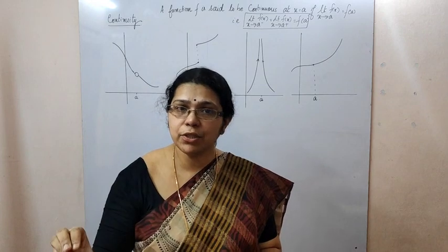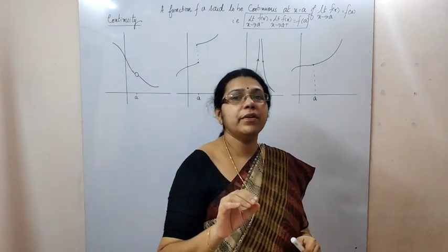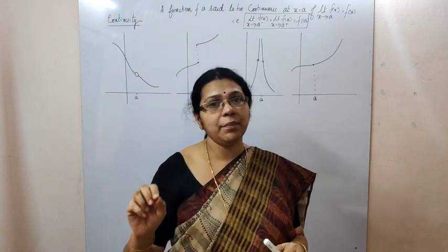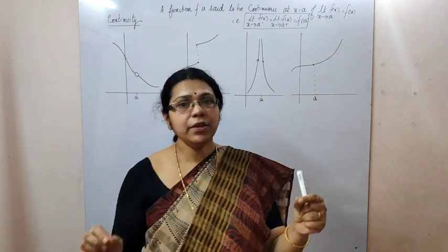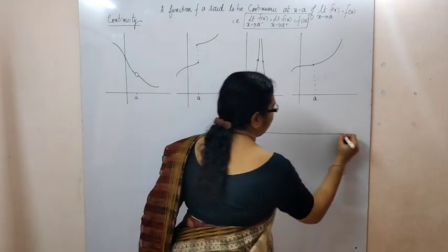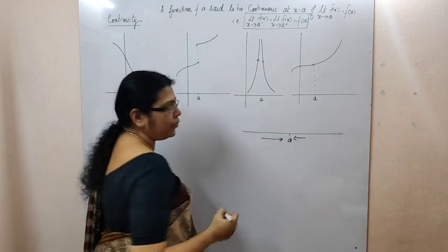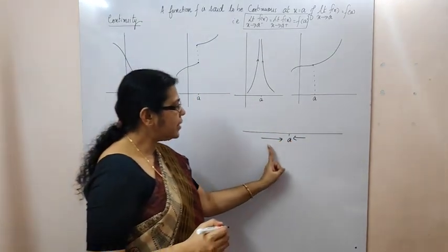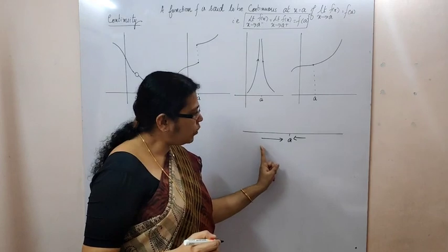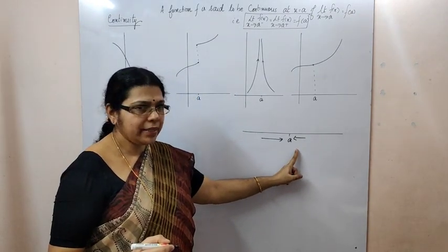As x tends to a, x is tending to a. Now, as we have already discussed, x tends to a means what? X value is tending to a from both sides of a. On the number line, this is a, and the x value in the function f of x is tending to a from both sides, that is from the left hand side as well as from the right hand side.